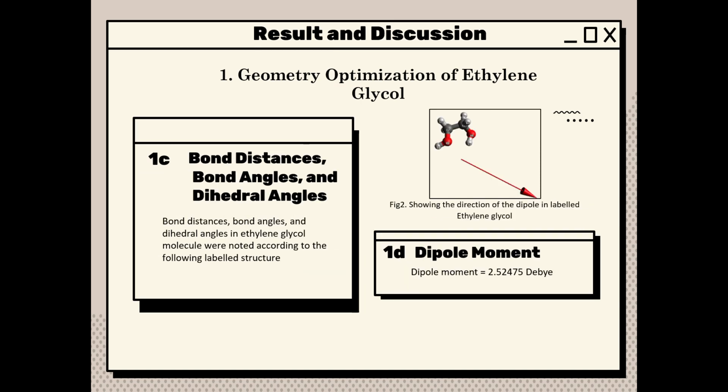Bond angle, dihedral angle, and the bond distances can be obtained by opening the output file in Avogadro. Its dipole moment was also calculated as 2.52475 Debye, indicating moderate polarity. These results established ethylene glycol's structure as a foundation for further applications.